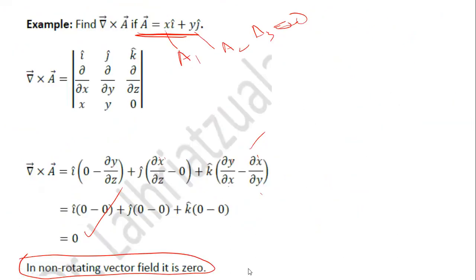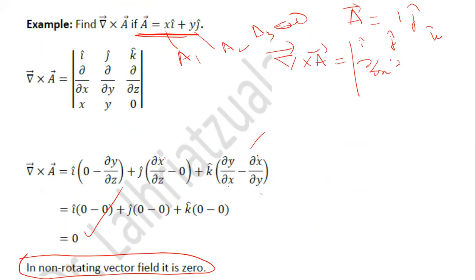So if I take a curl of this, a vector is equal to 1j. What I'm going to have here is that curl of a will be the determinant with i, j, k, del upon del x, del upon del y, del upon del z, and there is no i cap term here, so the coefficient of i cap is 0, the coefficient of j cap is 1, the coefficient of k cap is also 0.